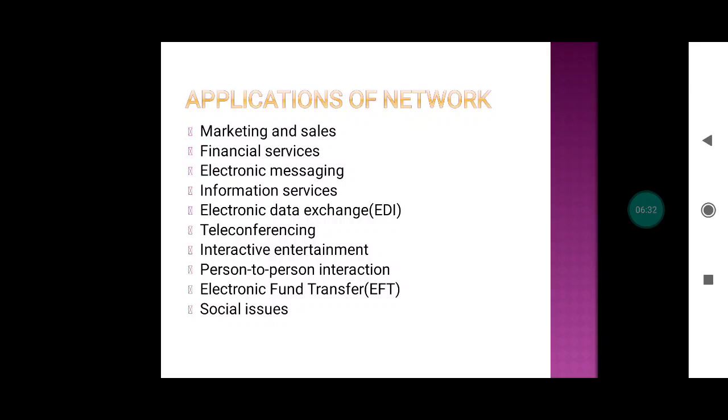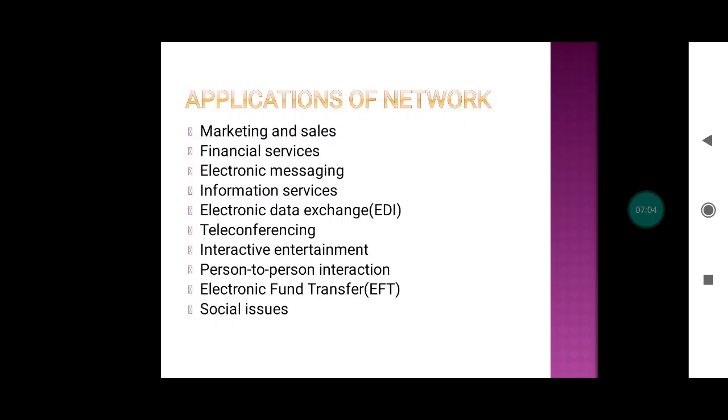Then teleconferencing. Video conferencing and teleconferencing are a very beneficial and efficient way of communicating with each other when we cannot physically conduct a meeting, but we have an alternate solution of conducting a business meeting or any sort of conferencing online with the help of the network.